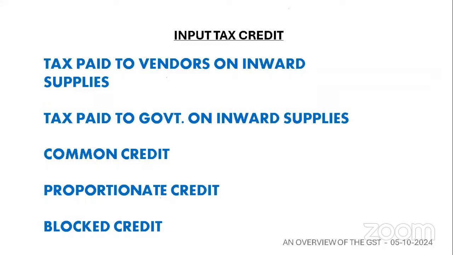So the GST payable on the sale is 18%. That amount I need not pay in full. The amount which I have paid to my vendors at the time of purchase of the goods, I can deduct from the amount of tax payable on my sales, and the net amount I am going to pay to the government. It is called input tax credit.